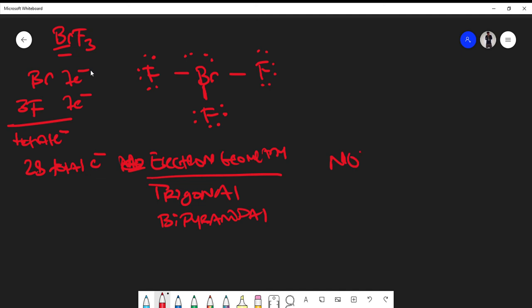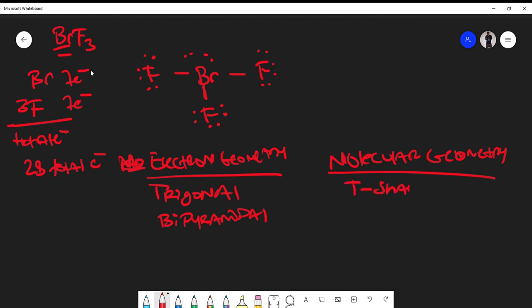Now what would be the molecular geometry? Well, I have 5 electron groups, but actually 2 are lone pairs. So if 2 are lone pairs, this is a weird one.